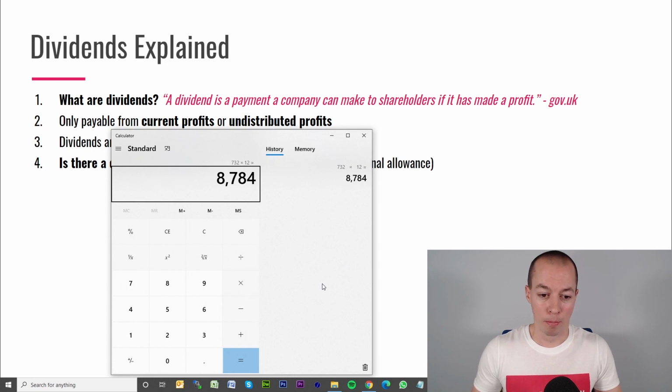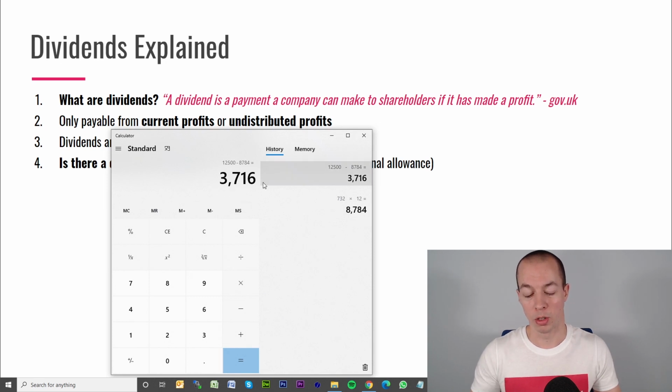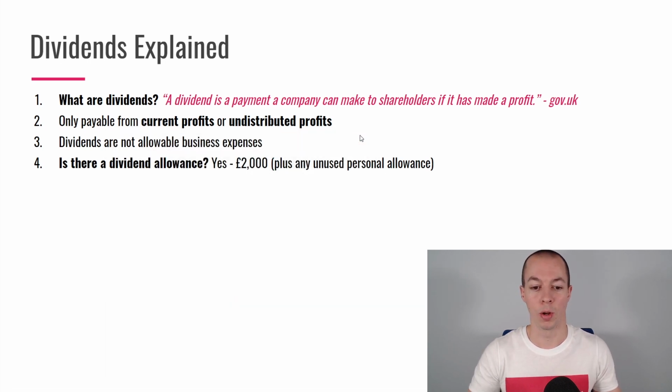If I then put the £12,500 in, which is your income tax personal allowance for the year, minus what I've paid myself, that leaves a total of £3,716 of unused personal allowance. So if I add that on to the £2,000 dividend allowance, that gives me a total of £5,716 that I can pull out of the business completely tax-free as I'm using up the remainder of my unused personal allowance.